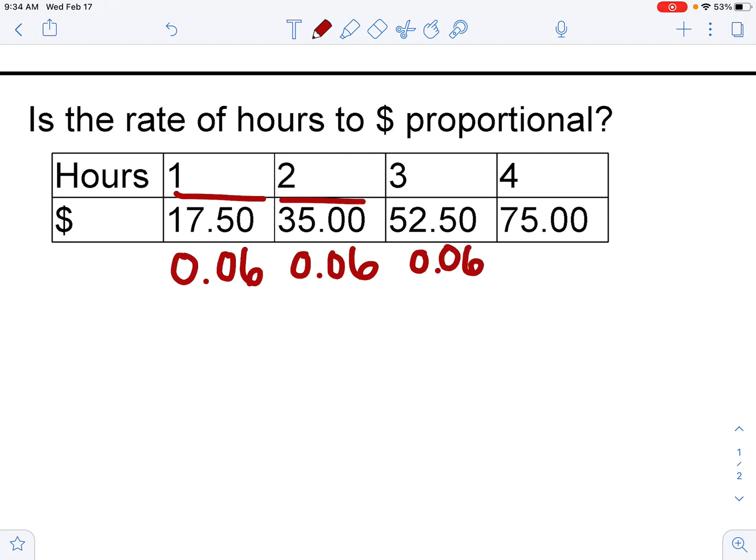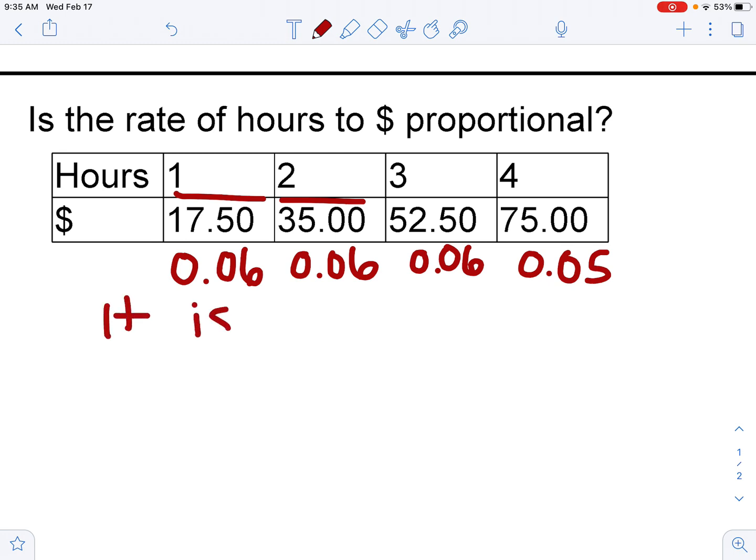So right now, it looks like it is proportional, but we always have to go to the end of the table, okay? If we're seeing that they have the same rates, go to the end. 4 divided by 75, 0.05. That one has a different rate, so this is not proportional.